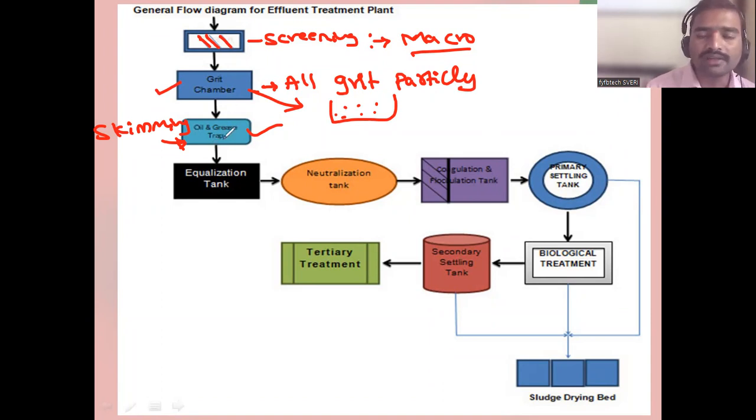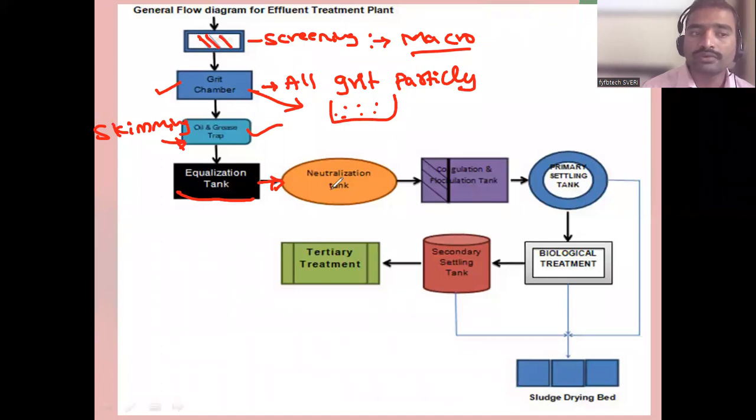At this level, the wastewater has abrupt temperature, that is very high temperature, that is cooled down in the equalization tank. So the equalization tank will reduce the temperature of the wastewater. From the equalization tank, it is taken into the neutralization tank.